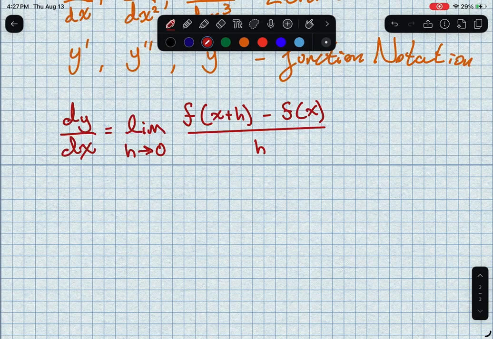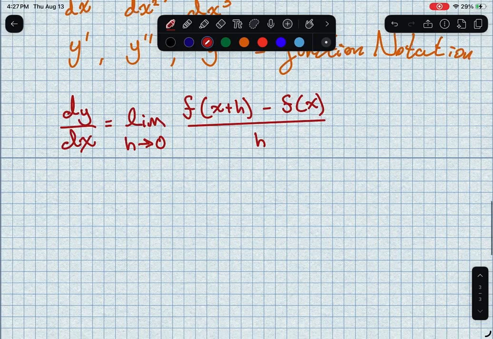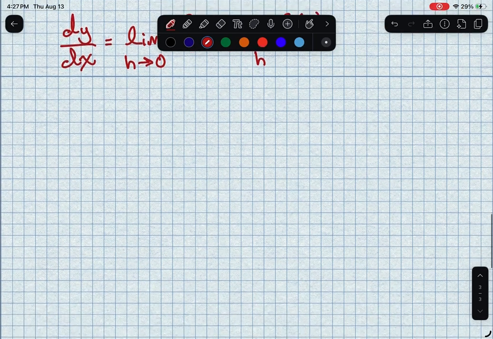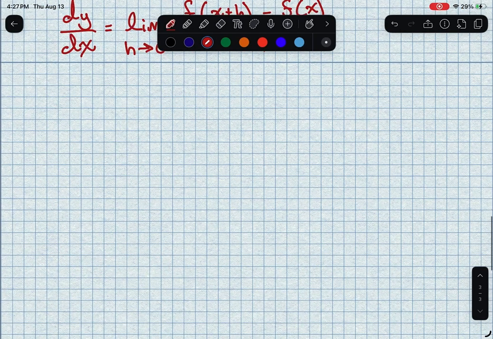We can figure out what it means by looking at what a slope is. What it represents is the slope, the instantaneous rate of change of a function, as you might have heard. And I'm sure you remember the slope of a line from algebra.